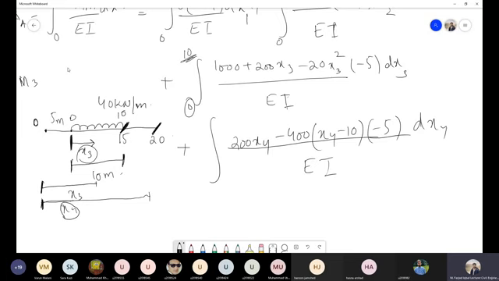For example, if I substitute x4 as 0 or x4 as, let's say, 2 meter, that will be this distance from here to here. That will be 2 meter, right? But this x4 is not valid for this 2 meter. This x4 is valid for this particular distance. Does it make sense? Yes.